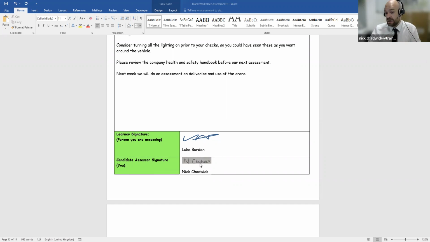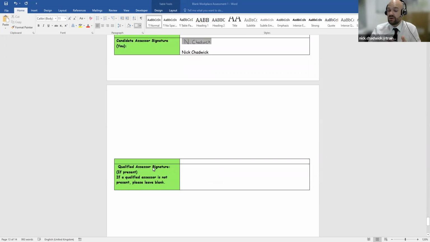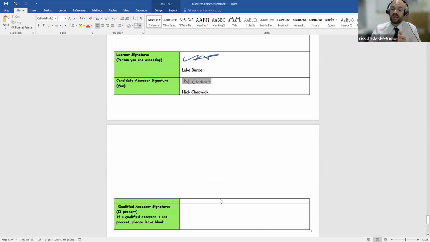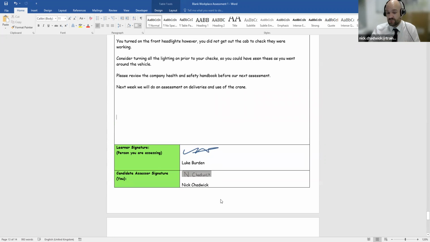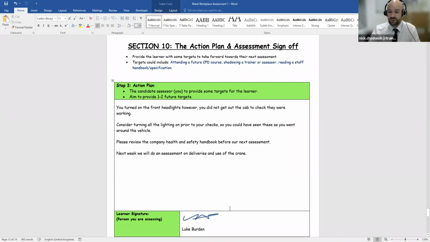So we have an e-signature there and also a type signature as well. Okay, and if you have a qualified assessor present, please get them to sign that. Okay, that's only if you have a qualified assessor present. So we're looking for 2 signatures, and of course you can put the date on there as well.